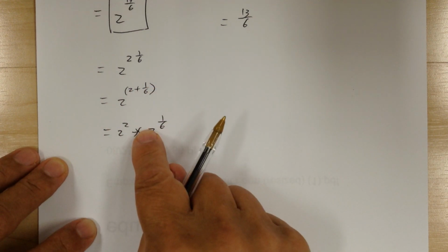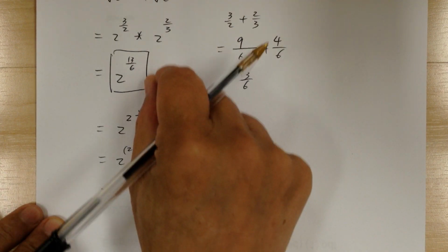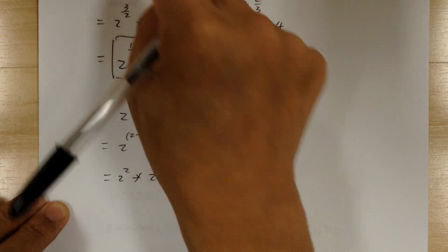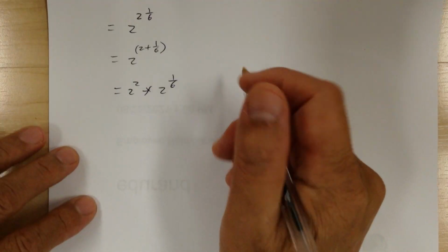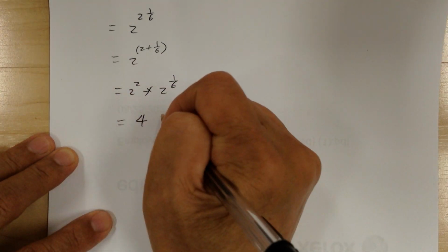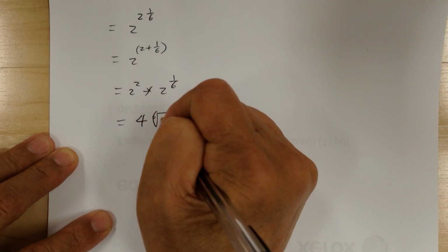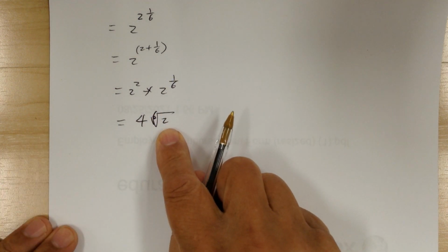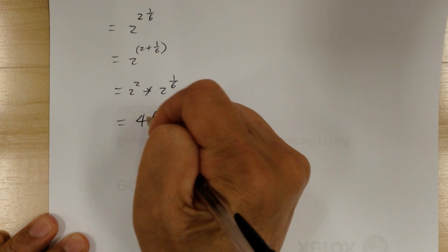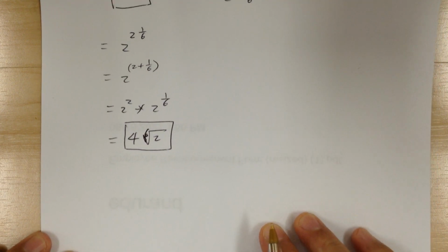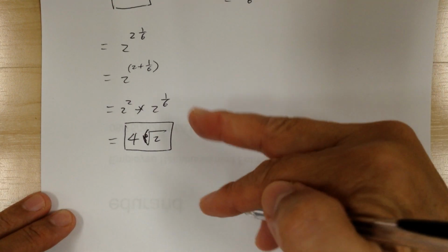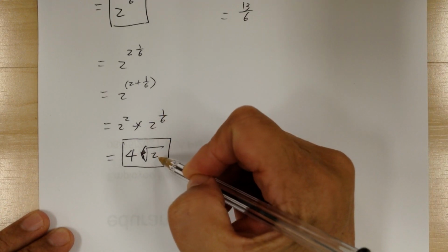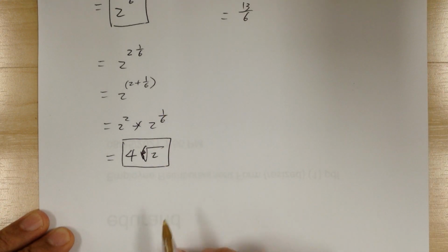I'm just doing the reverse: you get to this point and then separate. This becomes 4 times the 6th root of 2, and this is the radical form. Make sure you know how to switch back and forth between exponent form and radical form.